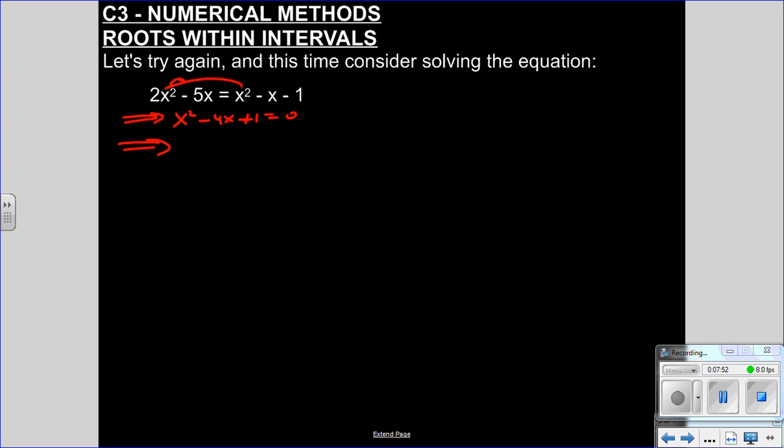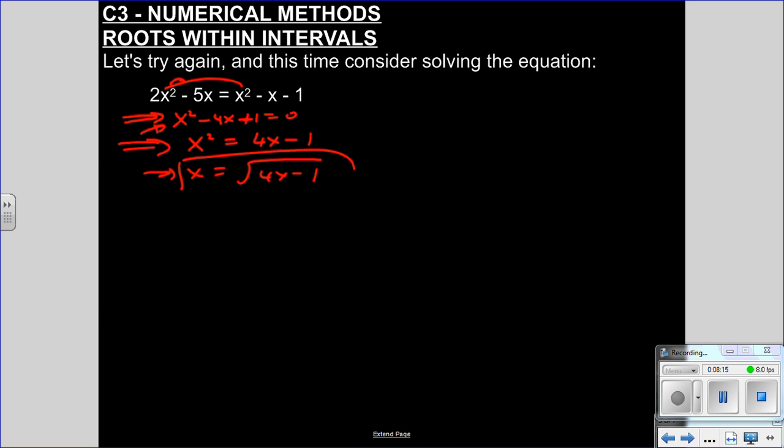Again, how many roots am I expecting? Well, I'm expecting 2 roots, because it's an x squared there. If I don't have any roots, then that means the quadratic doesn't cross the x-axis. So, I rearrange x squared equals 4x take 1, and I could square root it. 4x take 1.